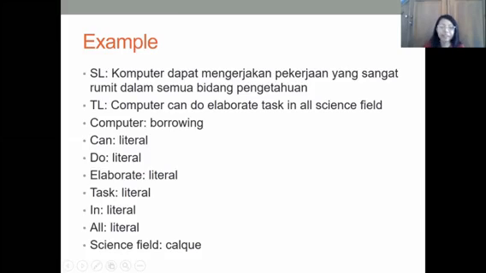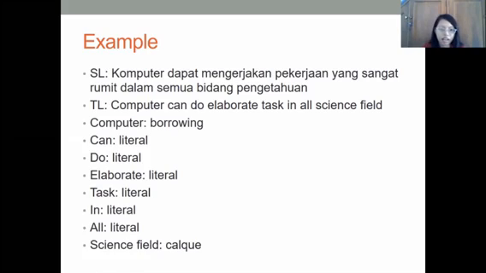Hello everyone, my name is Vincentia, Sekar, Arum, and I will be explaining the example of the direct translation procedure in this text. Here I present the source language sentence, and there is the target language, which is "Computer can do elaborate tasks in all science field."